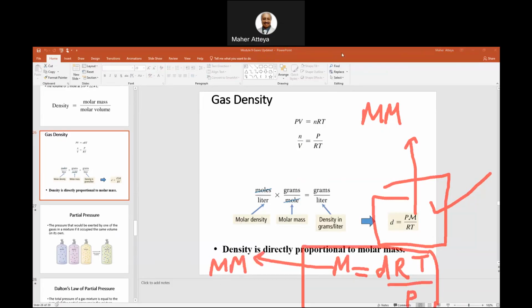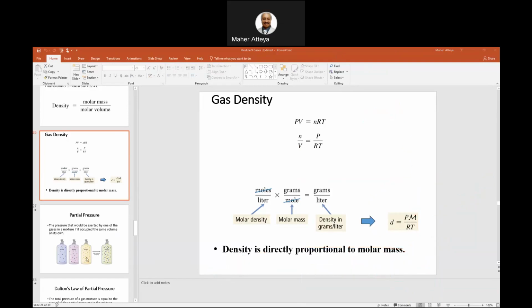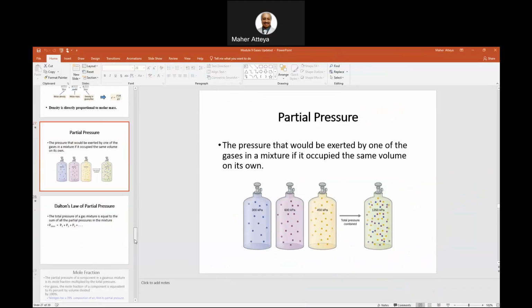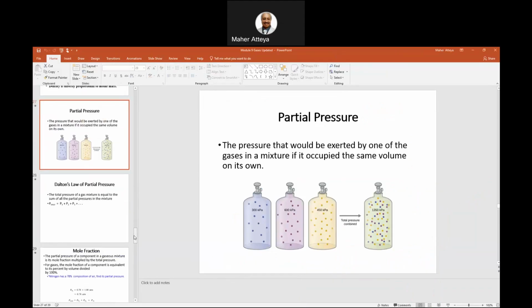So let's do this. Next, we are looking at partial pressure. What is partial pressure? When the gas is in a mixture, each gas acts upon itself and upon the wall of the container, putting pressure on the container surface walls. This is what we call partial pressure.